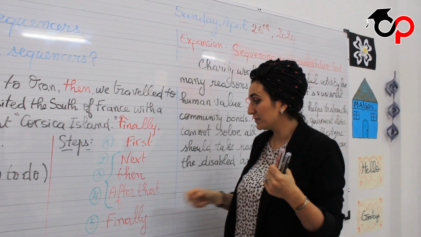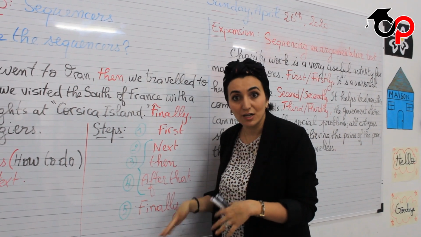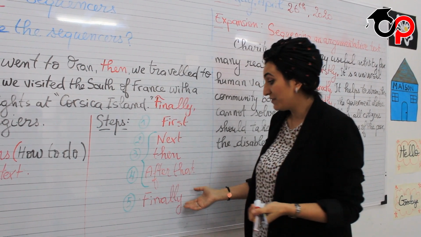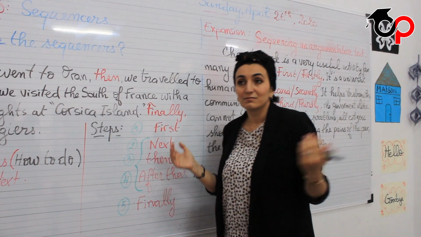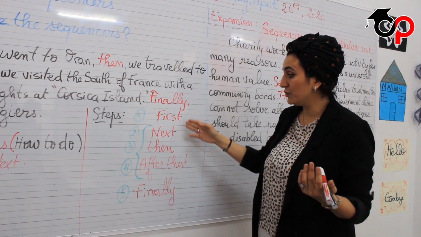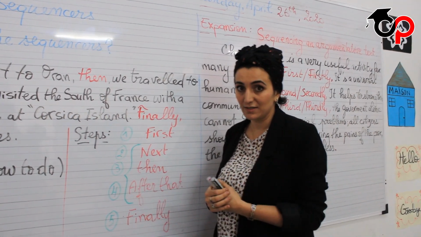After that, I prepare my little son also, okay? Or I get dressed. Finally, I go to work, okay? So, you can use these words to talk about your routine, isn't it?